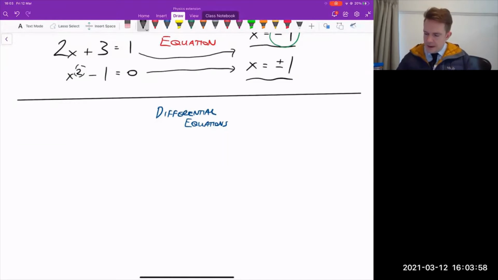And to remind you, a derivative, dy by dx, is the archetypal derivative if you're a maths A-level student. It tells you something about how one quantity changes with another.